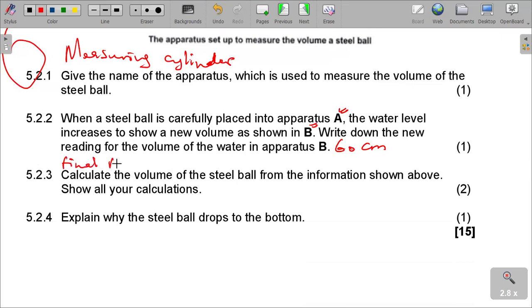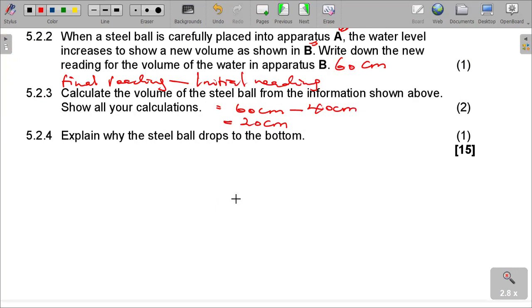Final reading minus initial reading, which is 60 centimeters minus 40 centimeters, which is going to give us 20 centimeters. That is the volume of the steel ball.